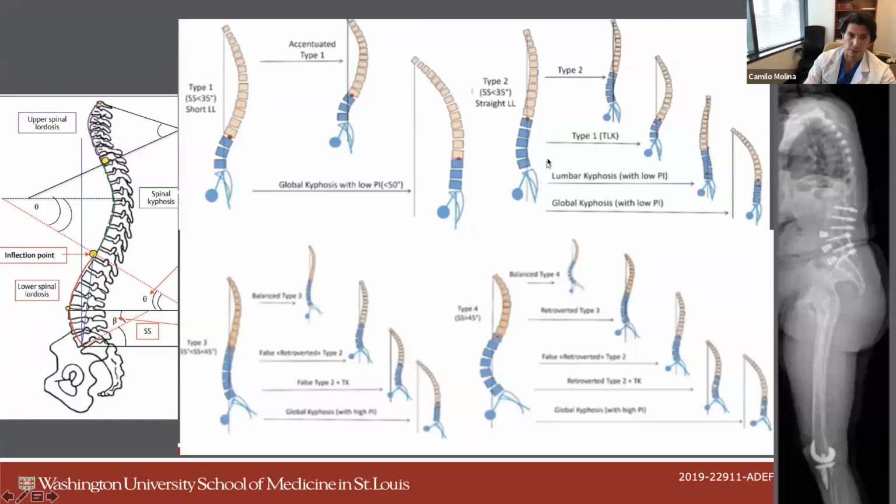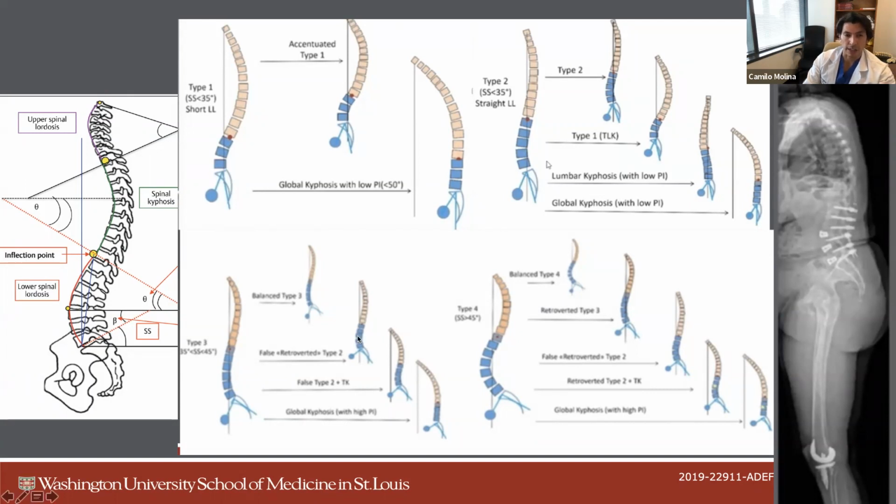Again, think of that in comparison to the type 1 curve, where you concentrate all of that lordosis in just 3 vertebrae, you have a lot more lordosis concentrated from L3 to L5, and then you have that inflection point with a very long, broad kyphosis. Even though those 2 patients have the same PI or sacral slope, you can see that where they need lordosis is going to be very different.